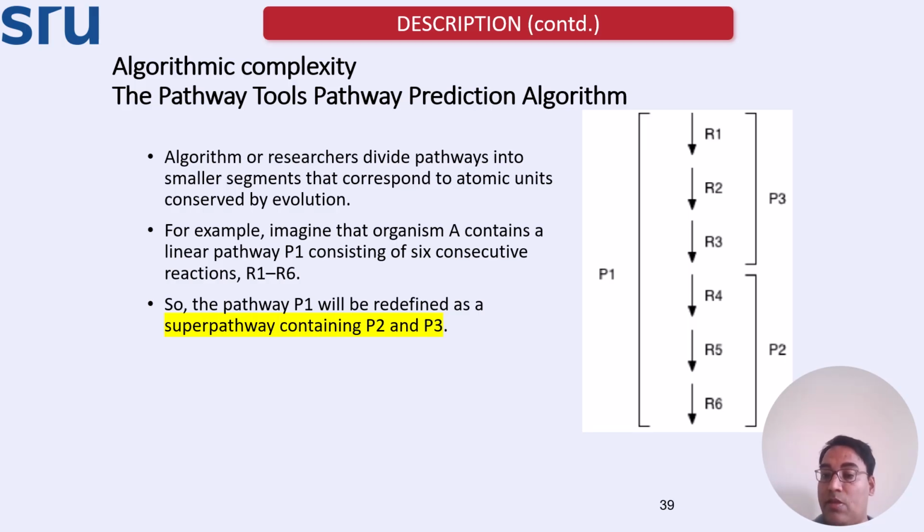So I am able to build a super pathway. This is termed a super pathway P1, which is connecting two sub-networks, P3 and P2. Like that, the analysis is done. We are always connecting the small pathways.